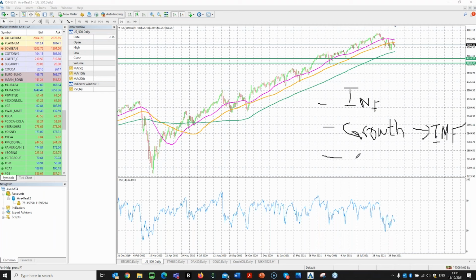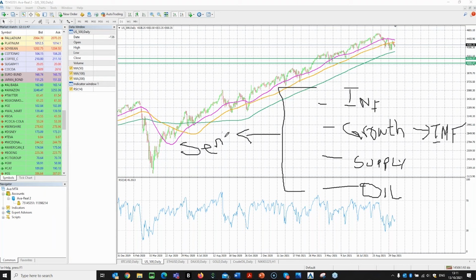The third issue is the supply chain issue, which we all know, we cannot get enough supply, and massive inflation is coming because of that. The fourth issue is, of course, the rising oil prices. All of these factors together are influencing the sentiment in the market. Investors and traders are just not sure what to do with these and how to factor them in.